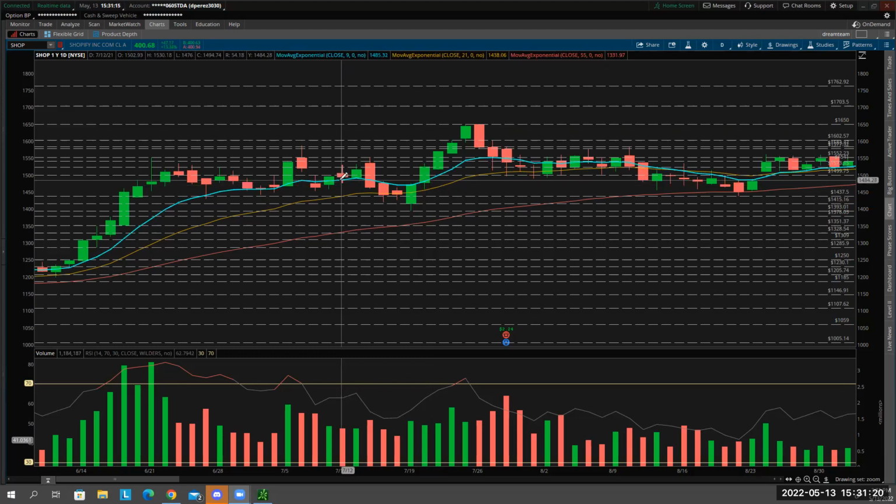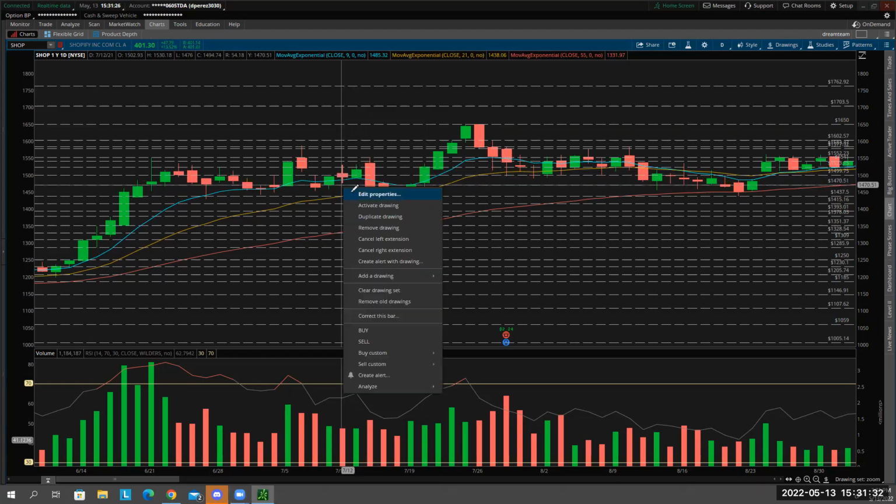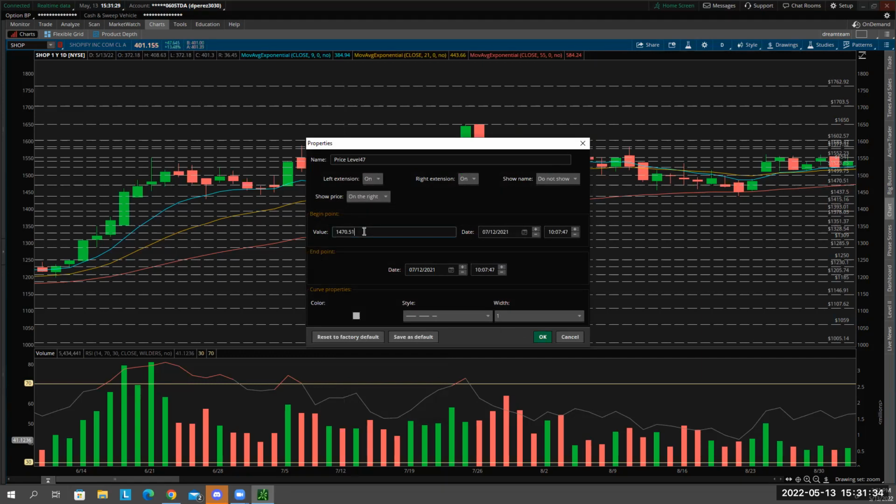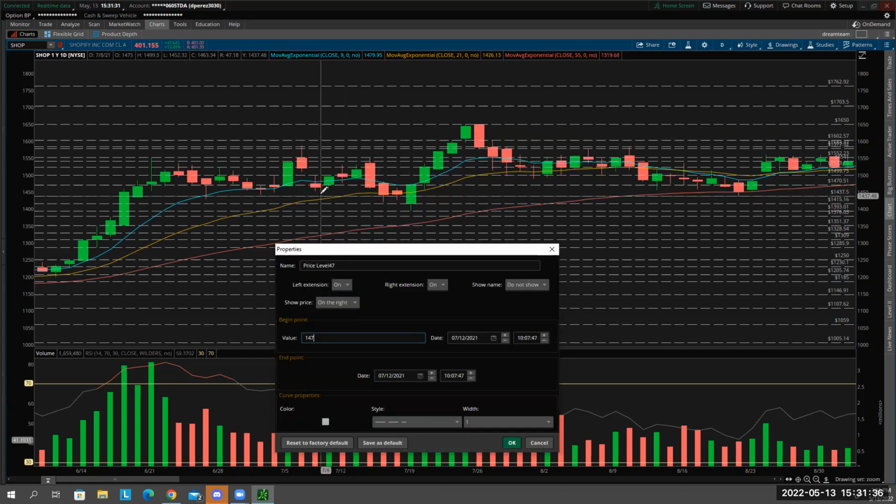Got open support right here. See here, the low of this was 1476. Open was 1477.35. 1476 is nice. The exact level, yeah, 1476.